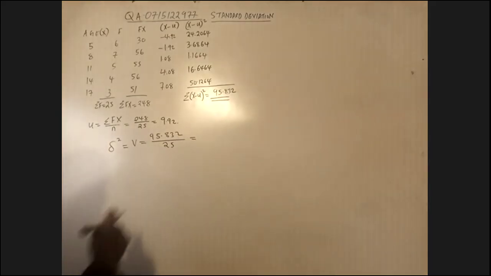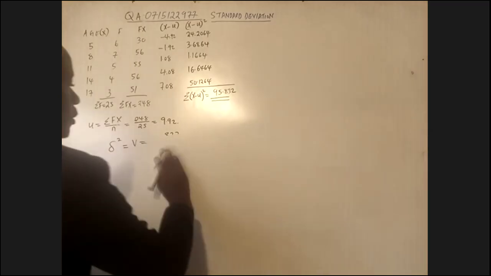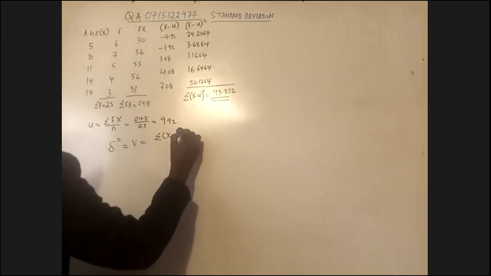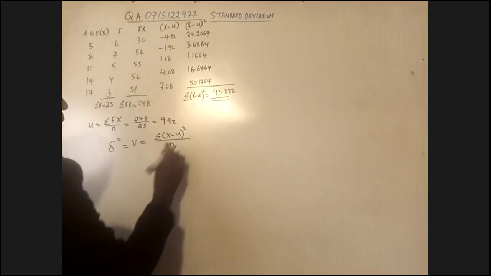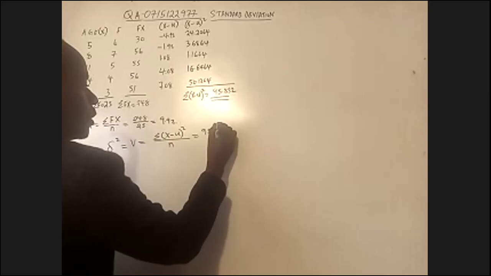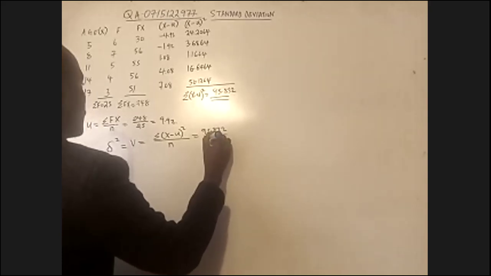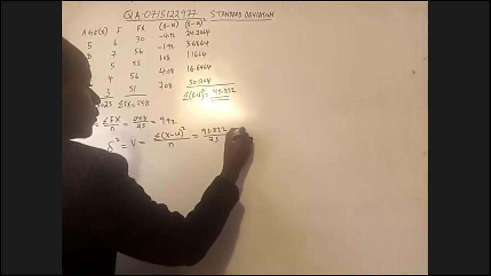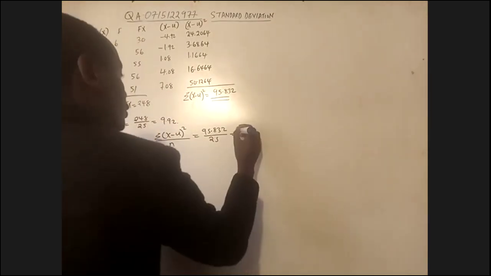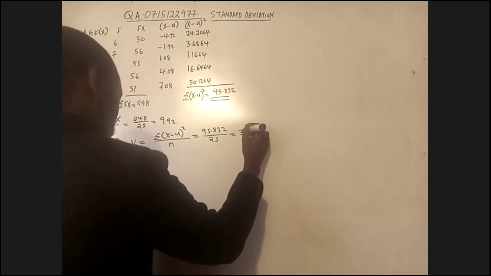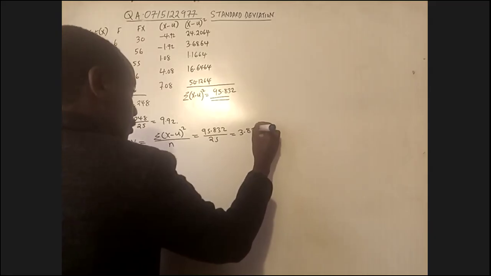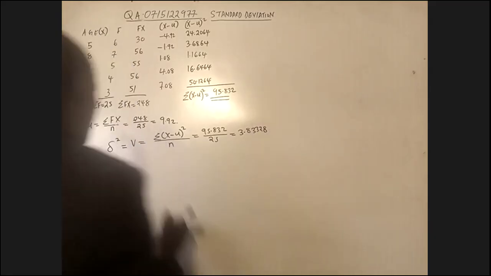Or you can just write the formula, because the summation of x minus mu squared over n, remember our n is frequency, so 95.832 divided by 25 is 3.83328.